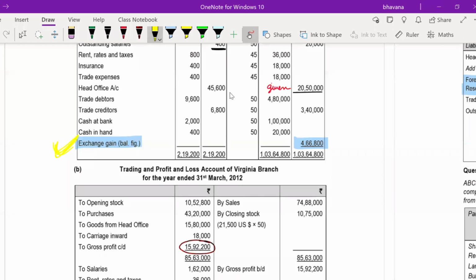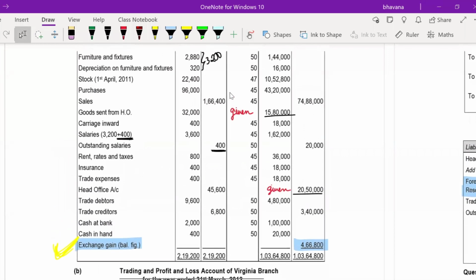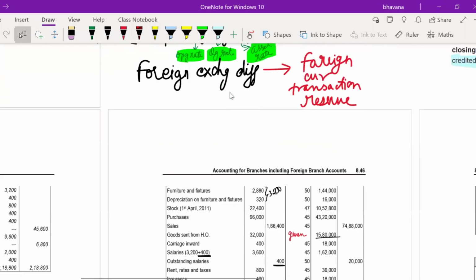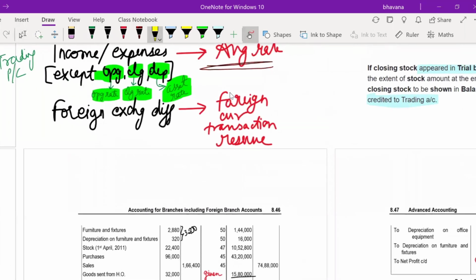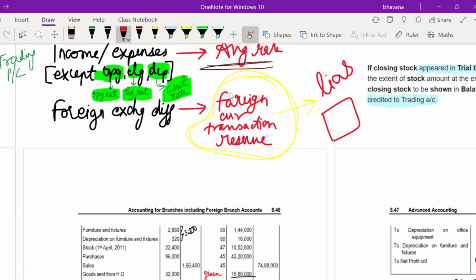Whatever foreign exchange difference is there, you will transfer it to an account called foreign currency transaction reserve. This will be shown on the liability side of the balance sheet, as one of the reserves.